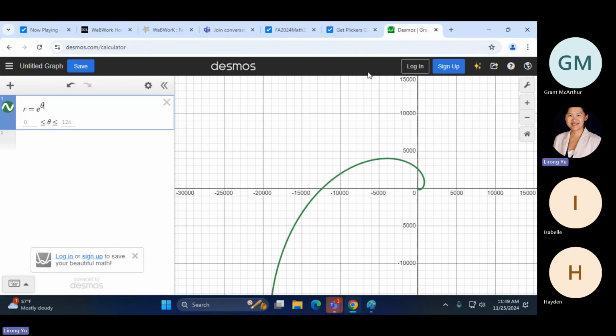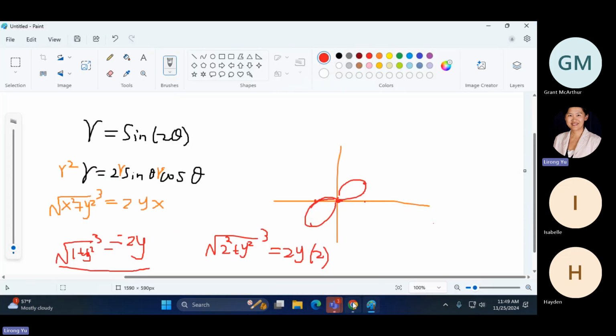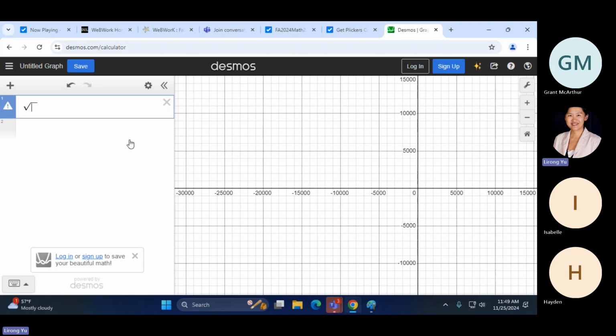Yeah, we have to solve the equation. Let me try. If you want to actually find out the point, it's better to solve this equation. So let me see. Square root of 1 plus y squared. I feel like it takes a bit more time.